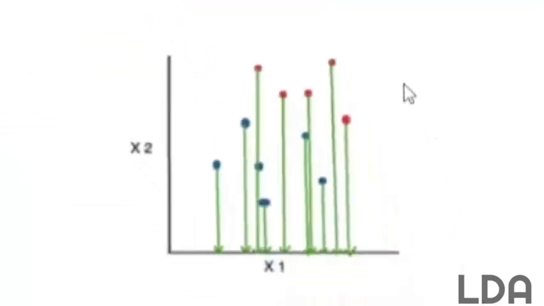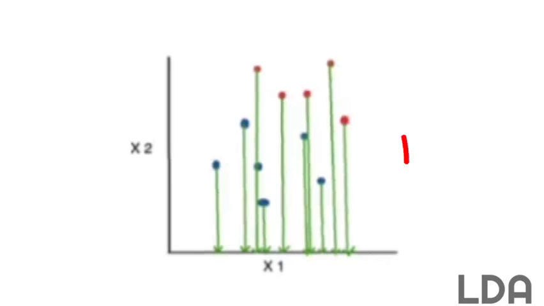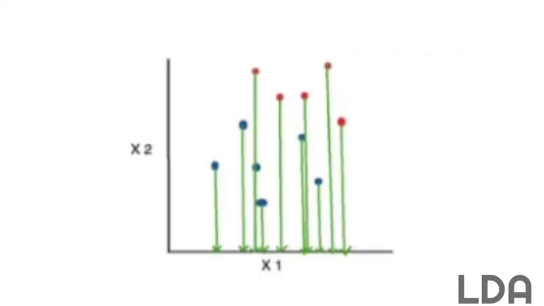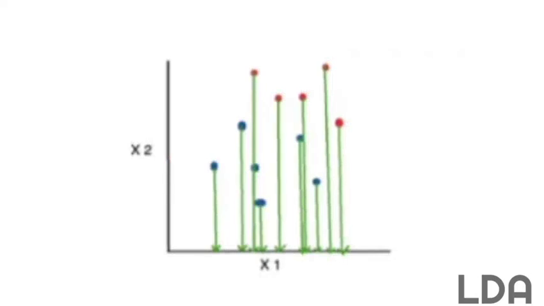This approach neglects helpful information, as we completely ignore the x2 feature. This is just directly dropping one of the features.